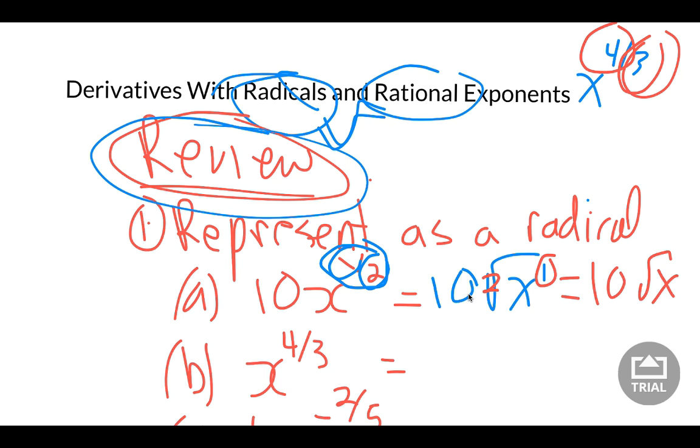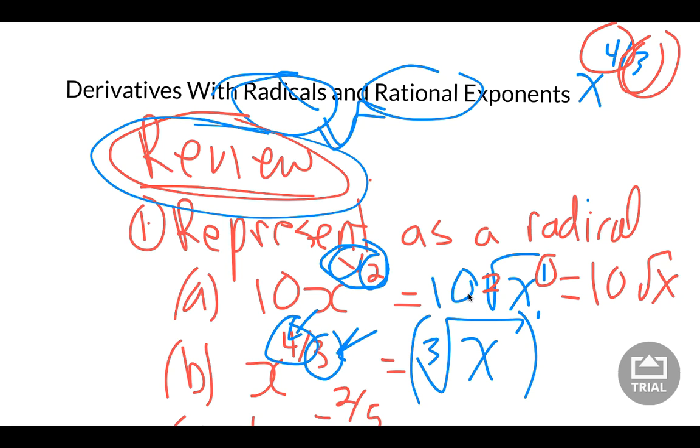If I go to the next example, x to the 4 over 3. X to the 4 over 3 indicates that it's the third root or the cube root raised to the exponent of 4. And I can write that 2 different ways. I could write it as the cube root of x in brackets to the 4th, but I can also do it as the cube root of x to the 4th.